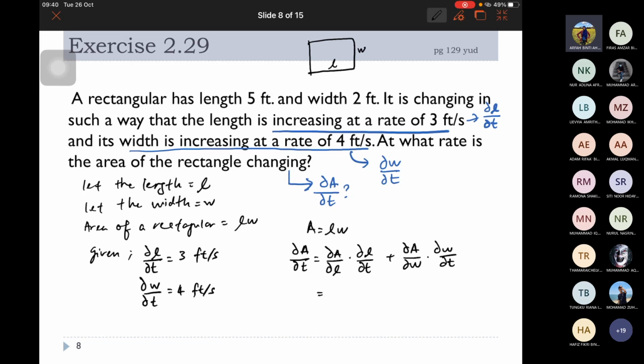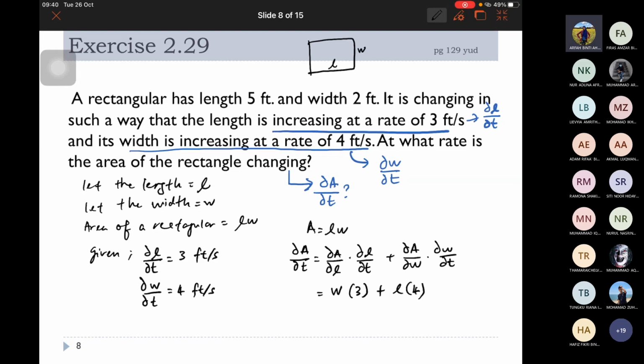Okay. So delta A over delta T, delta A over delta L, bezakan akan dapat yang ini sama dengan, bezakan A terhadap L dapat W. Okay. W darab 3 tambah bezakan A terhadap W dapat L didarabkan dengan 4.